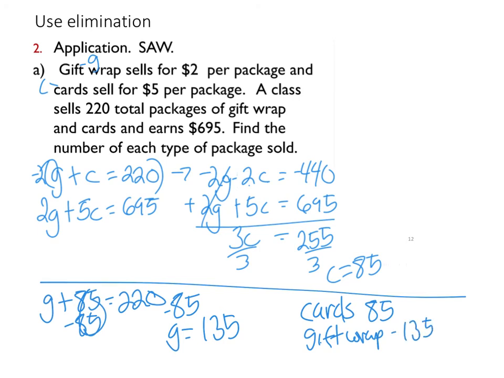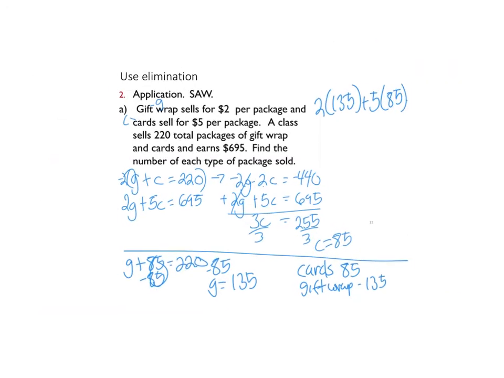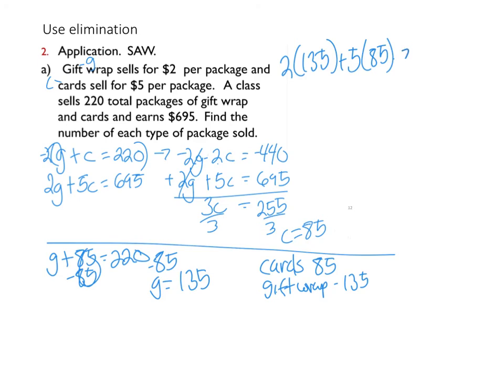If you want to check it, you can just do 2 times 135 plus 5 times 85, which is going to equal 695. Two times 135 gives me 270.